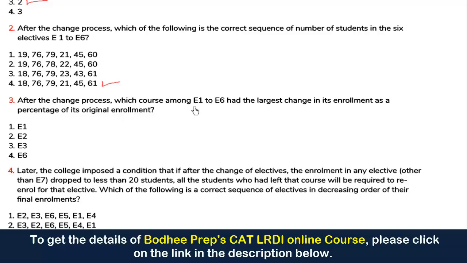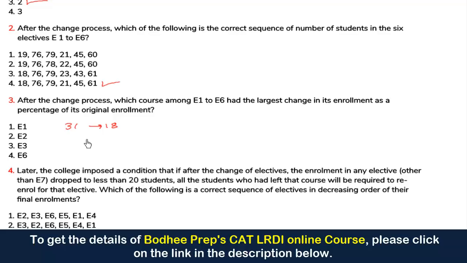It says that after the change process, which course among E1 to E6 had the largest change in enrollment as a percentage of its original enrollment? So if I look at E1, then earlier it was 31 and later it became 18. So if I want to get an approximate percentage change, then it will not be more than 50%, right?